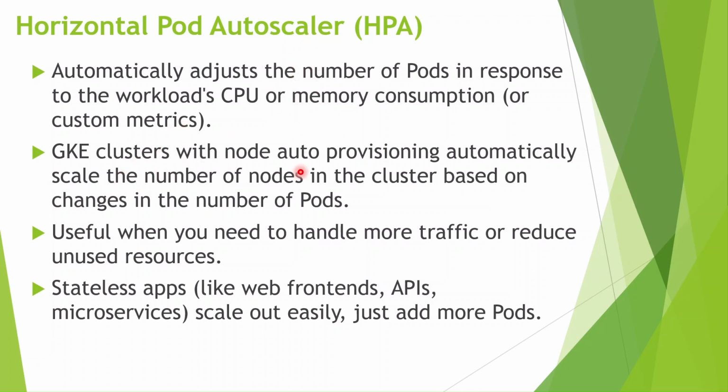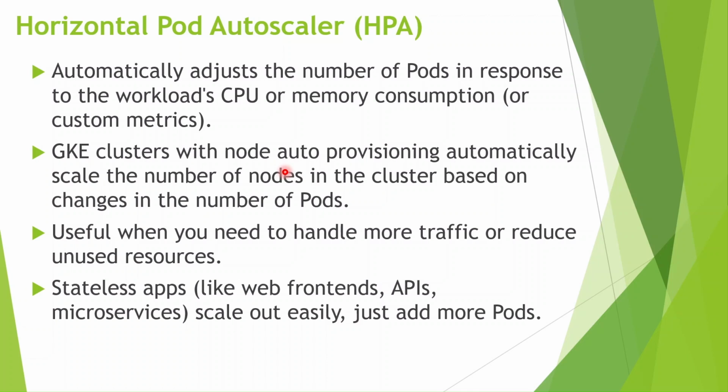In a GKE cluster, with the help of node auto provisioning, you can also add new nodes or new node pools automatically to scale the number of nodes in the cluster based on the change in the number of pods. It can happen that you have enabled the HPA, but there are no more nodes available in the cluster to schedule those pods. So you can use node auto provisioning.